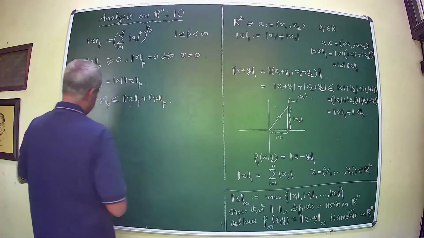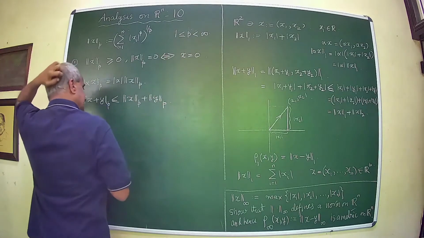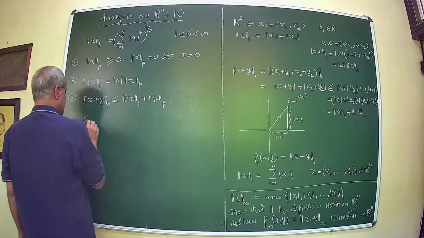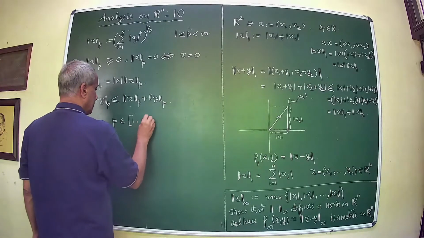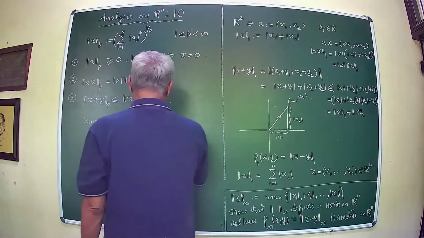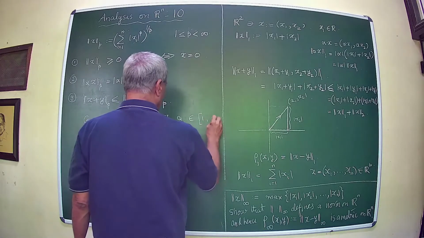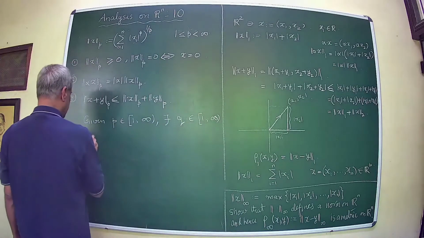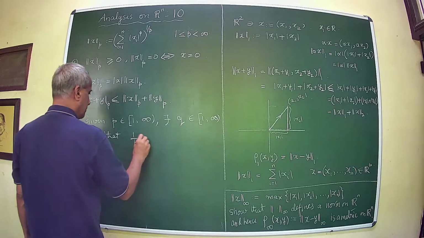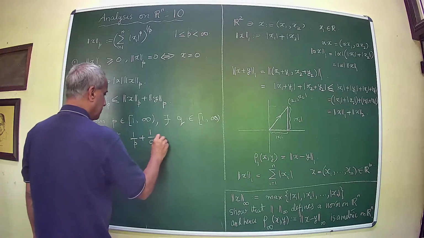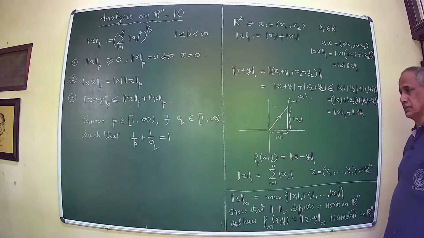In fact, once p is given, with p between 1 and infinity, there exists q such that 1/p + 1/q = 1. This is a sort of conjugate number that you have for this.